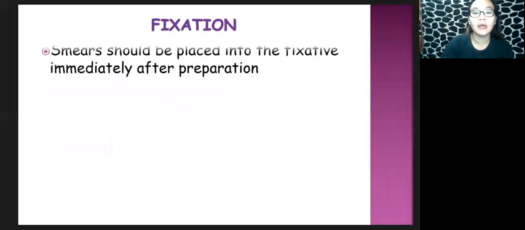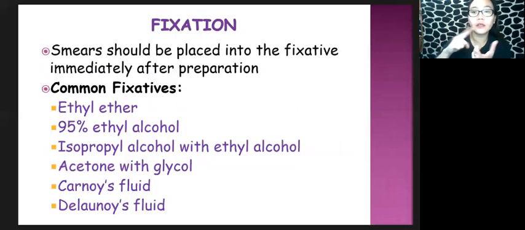After you have already prepared your smears, the next thing that you have to do is to fix them. Smears have to be fixed immediately. Why?